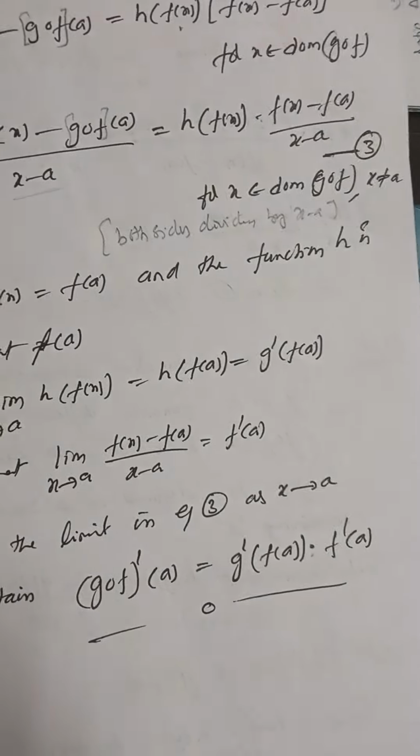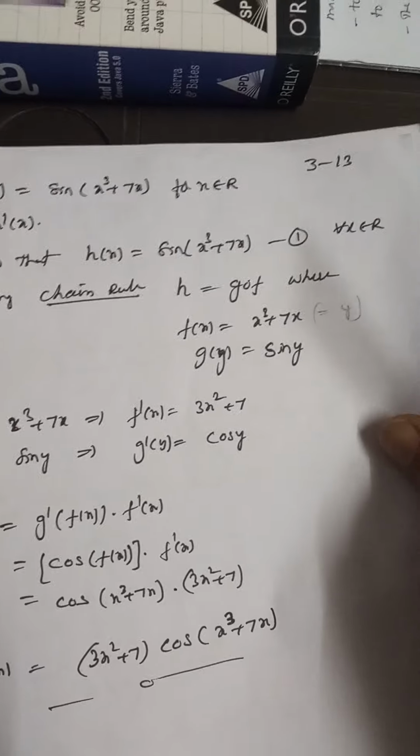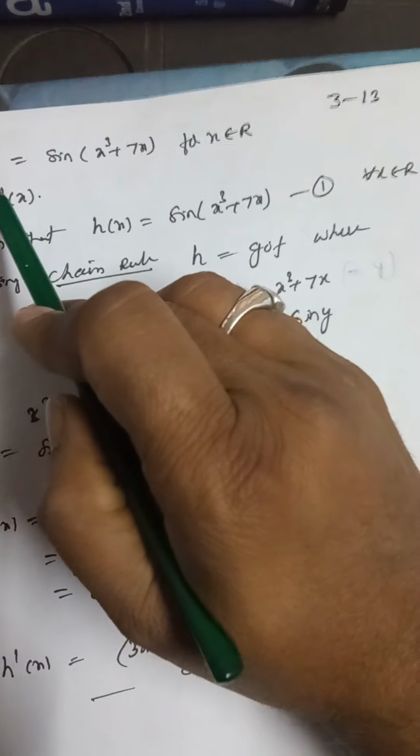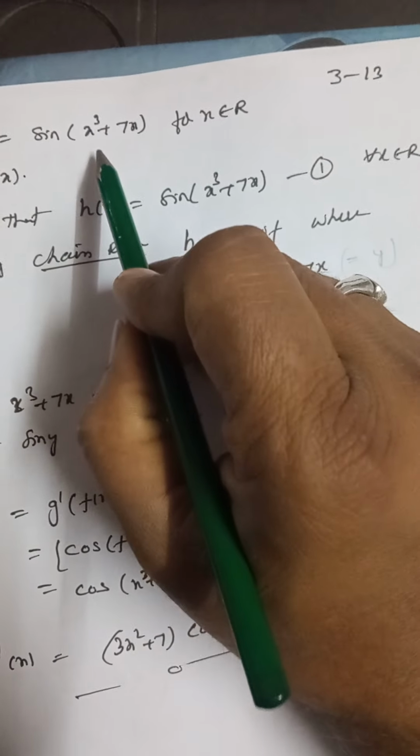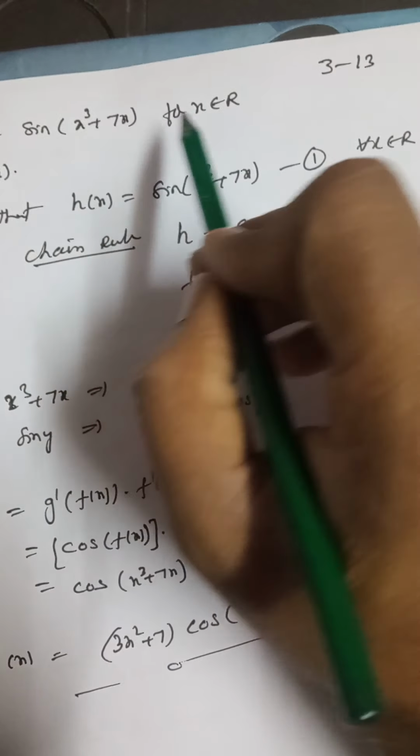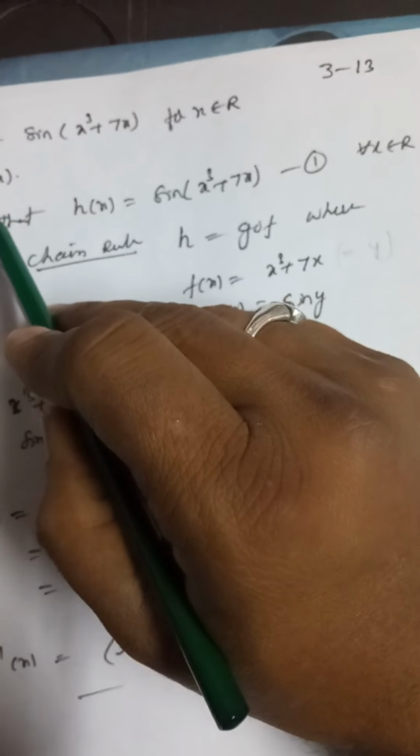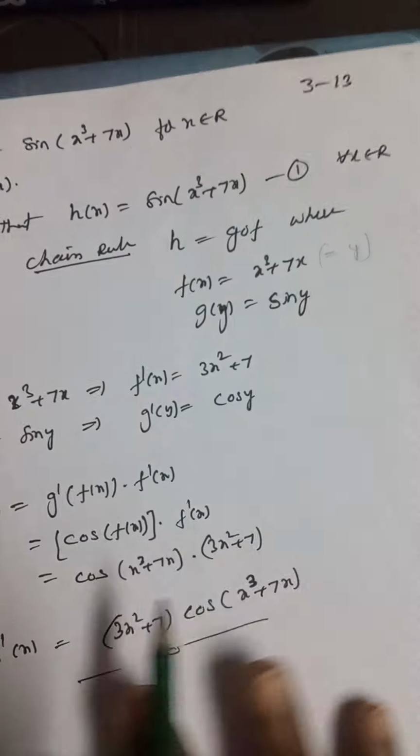Now a problem based on the chain rule is a simple one. For example, let h of x is equal to sine of x cube plus 7x for some x belonging to R. Find h dash of x. Now what are you going to do? Ordinary differentiation.